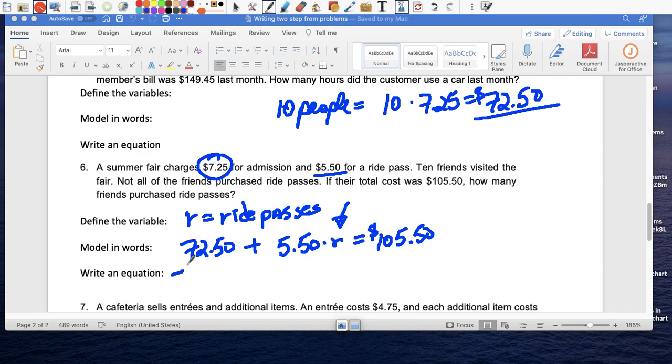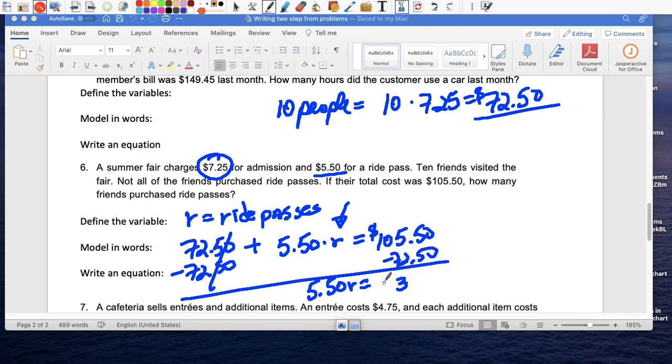Now, minus 72.5 on both sides. That goes away, and we get 5.50R equals 33. 105.5 minus 72.5 equals 33. Then divide both sides by 5.5 and we get 6 passes.